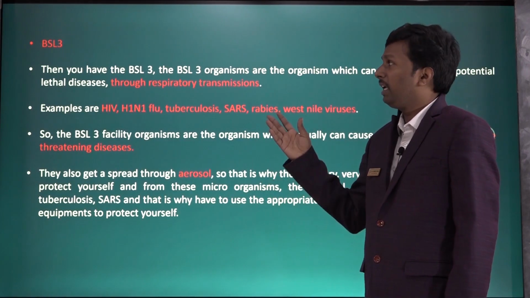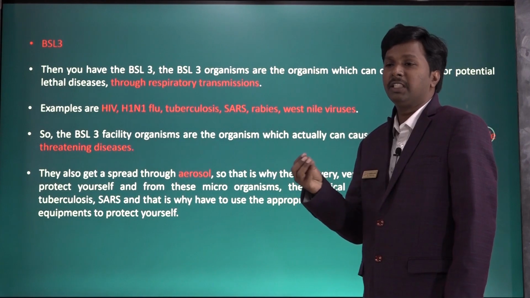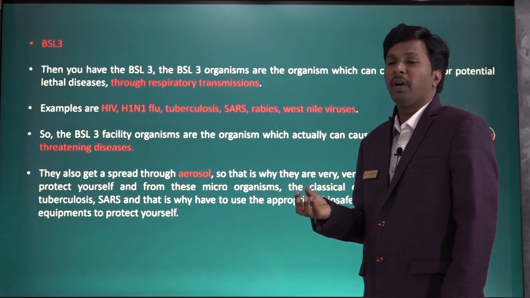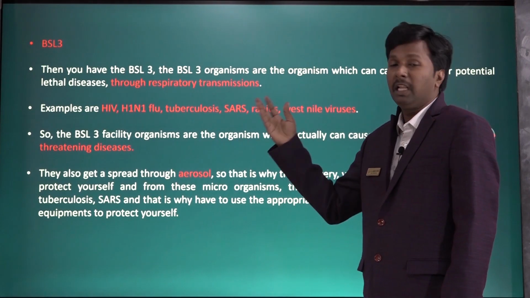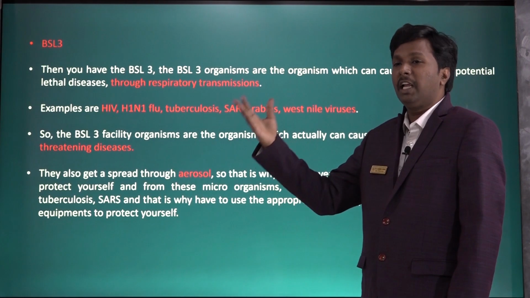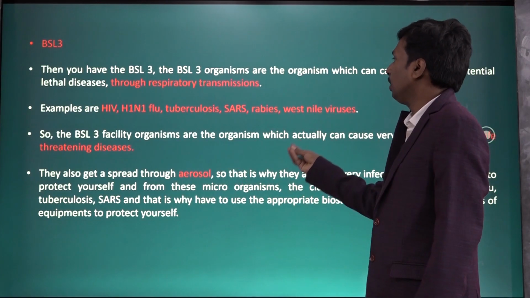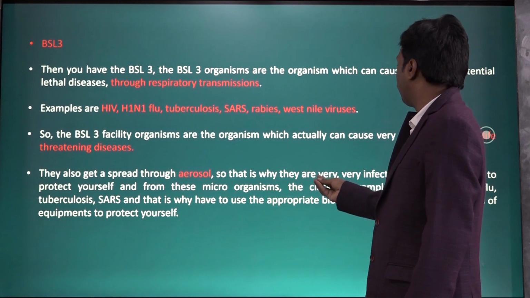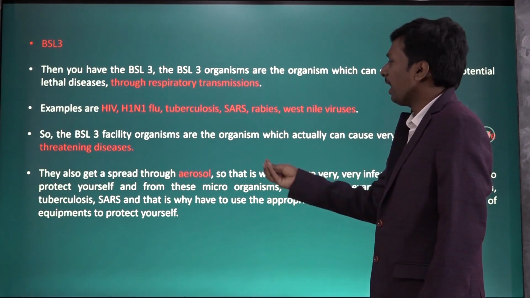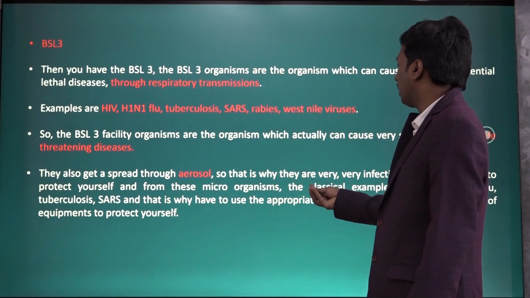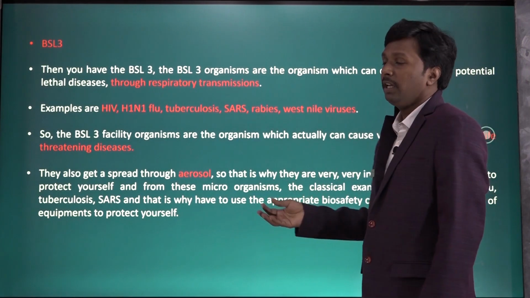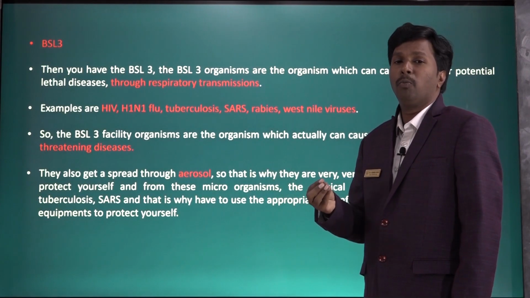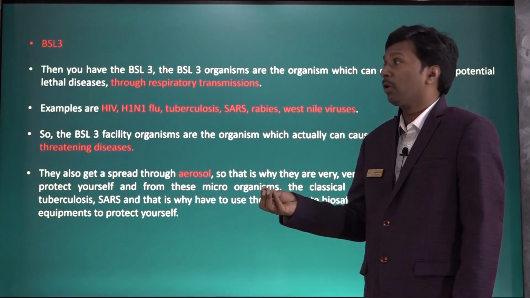When you are handling BSL 3 microorganisms that cause serious diseases, you need proper training, and the same applies to BSL 4 organisms. They also spread through aerosol, which is why they are very infectious and you must protect yourself from those microorganisms. Classical examples are HIV, H1N1, and tuberculosis, Mycobacterium tuberculosis.